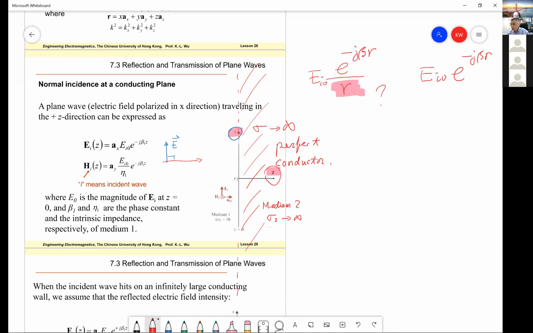If I call this a constant, an original constant that depends on how much power you transmit, divided by z, do you mind? Because now we know how the wave is transmitted. This is the antenna, and this r is in the far field, this is 1 over r.